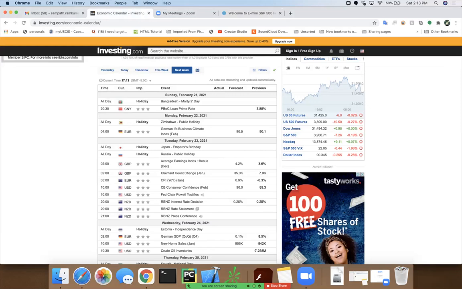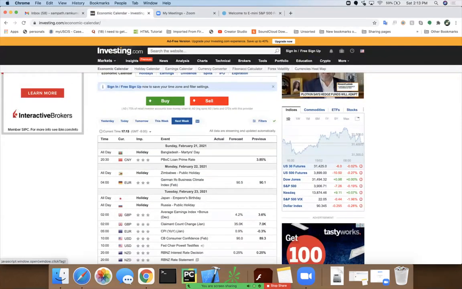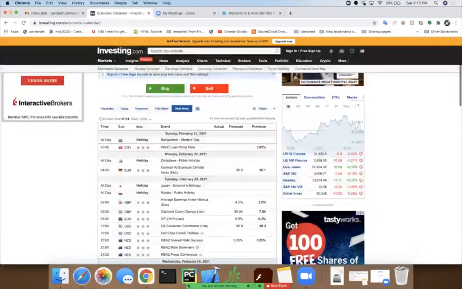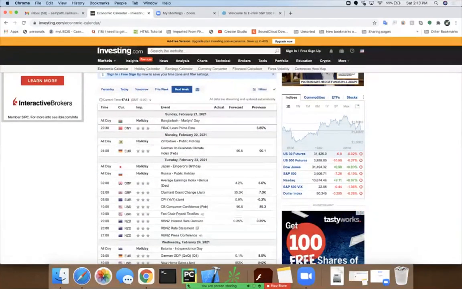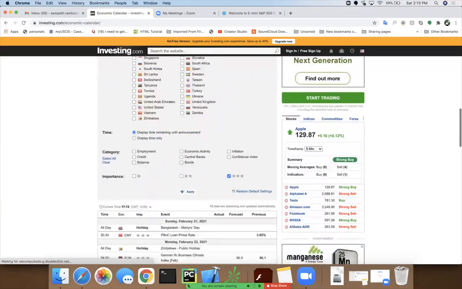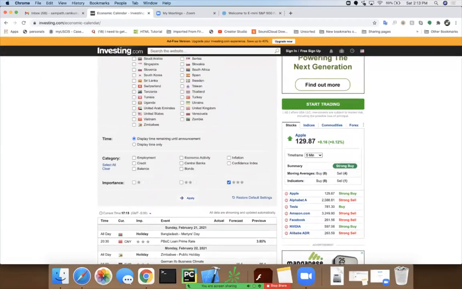So the investing.com app that I was recommending, they also have a desktop version, where you can go to investing.com/economic calendar. Then you would be able to filter out the key economic events by clicking on filters, then choosing the importance as 3-star.